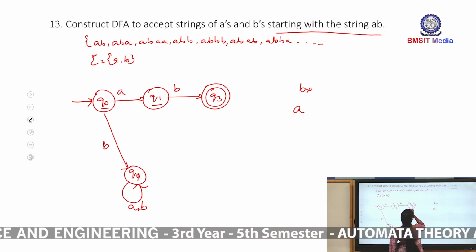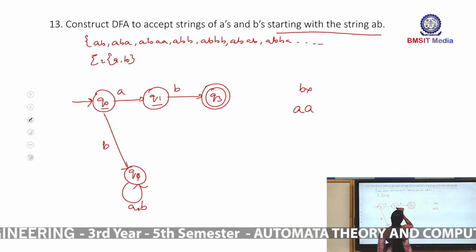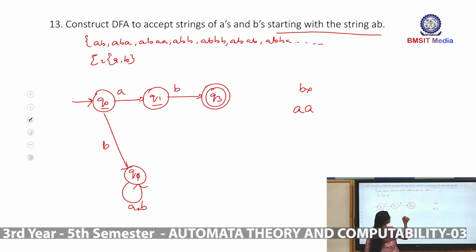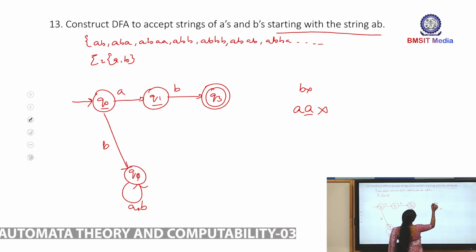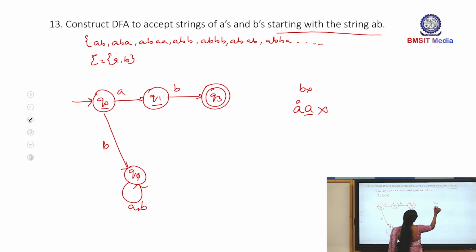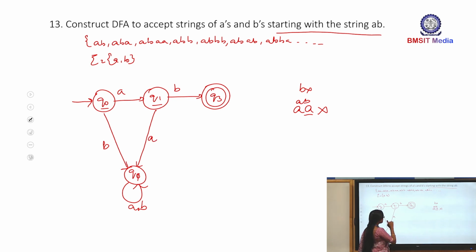Now what happens if I see an A again? Because there is a transition already to B, the leftover is A. This should also not be accepted because the string should start with AB. So whenever we see another A after A, I should ensure that it enters the trap state.